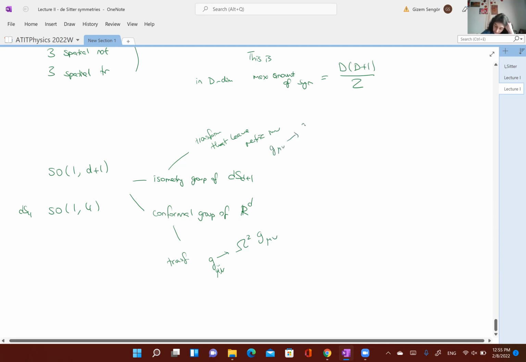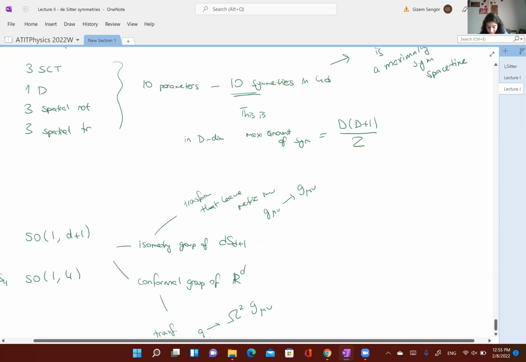This keeps the metric the same. And this is also why, because this is the conformal group of something, we came across symmetries that, you know, yesterday you saw have a place in conformal field theories.